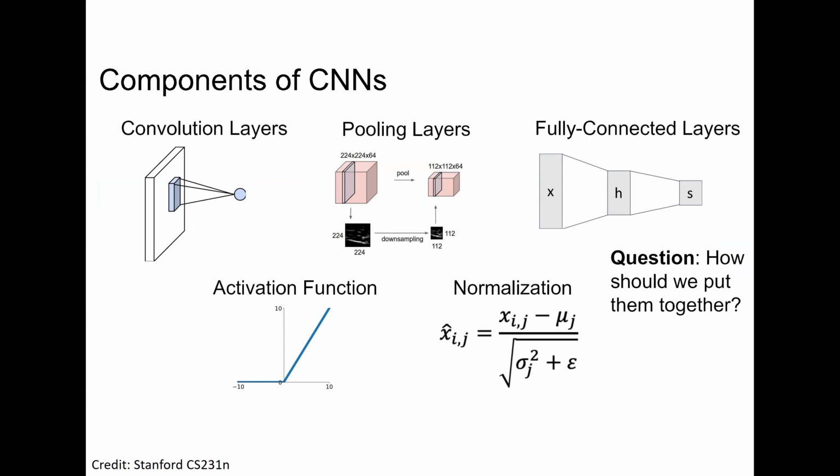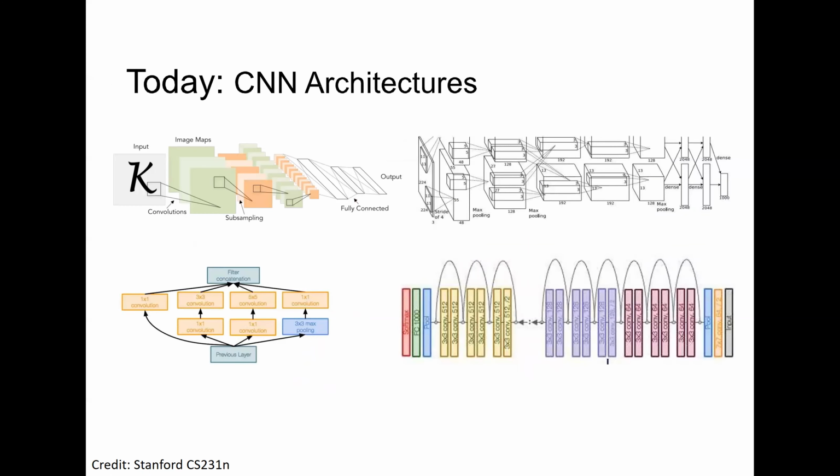And the question we're going to talk about from now on is how are we going to combine these components to design an architecture for our CNN? And to do so, we're going to have a look at previous CNN architectures. And from these previous CNN architectures, we can get some ideas how we should design our CNN architectures.